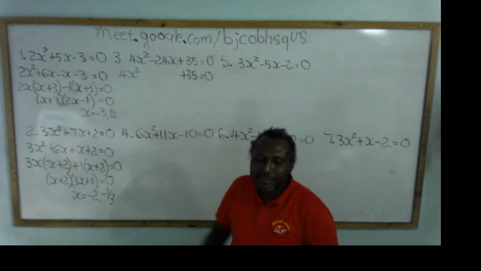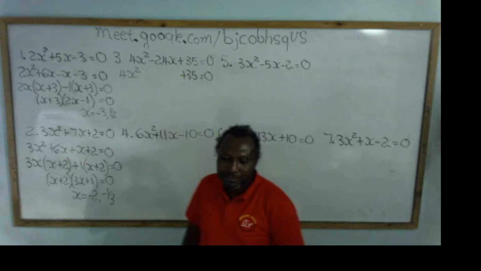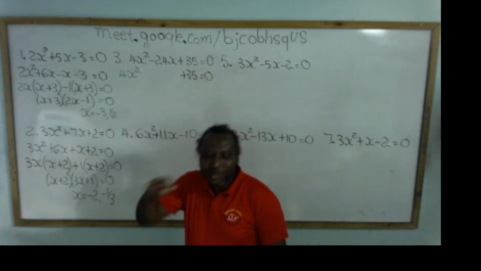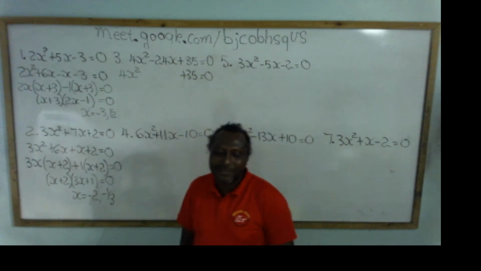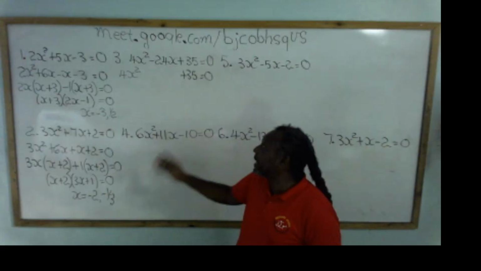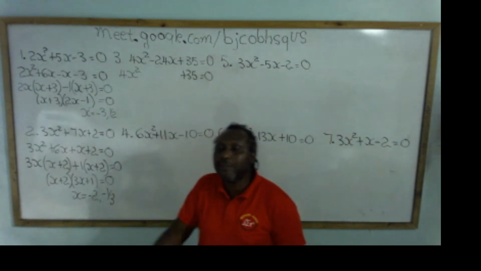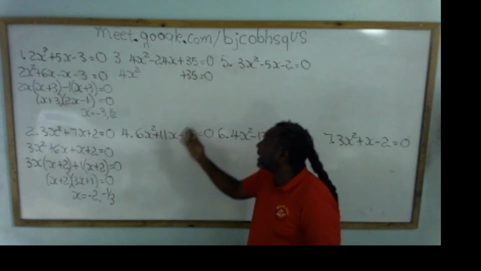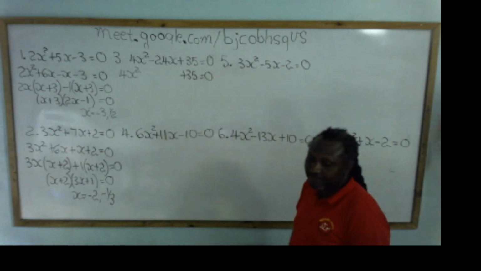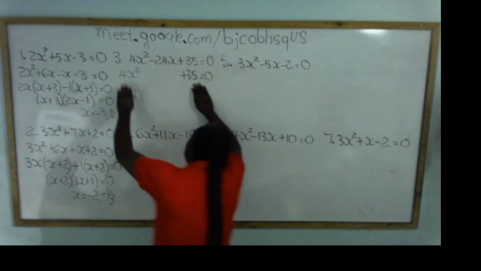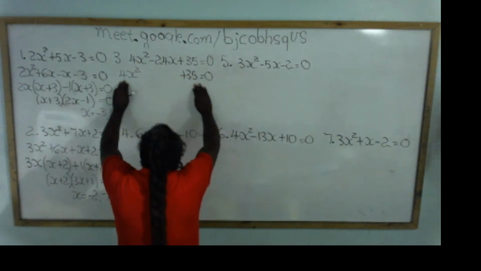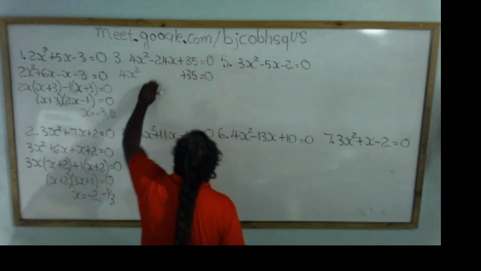Say 2 times 35, and then when you get the answer, you say 2 times that. So 2 times 35 is 70, and then 2 times 70 is 140. So 4 times 35 is 140. The two numbers have a product of 140 and a sum of negative 24.